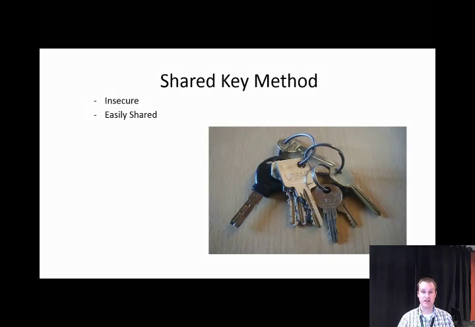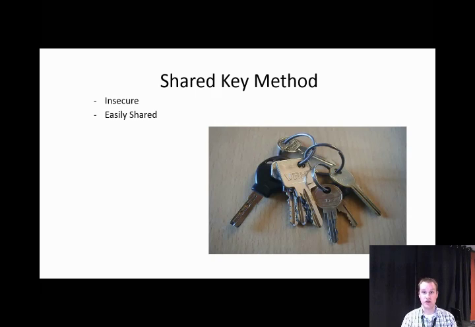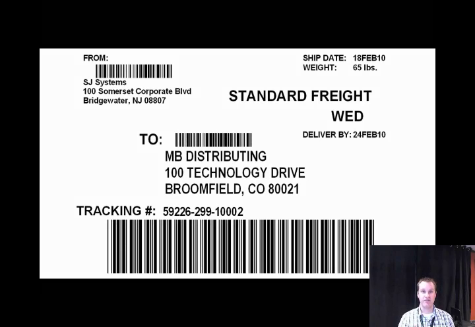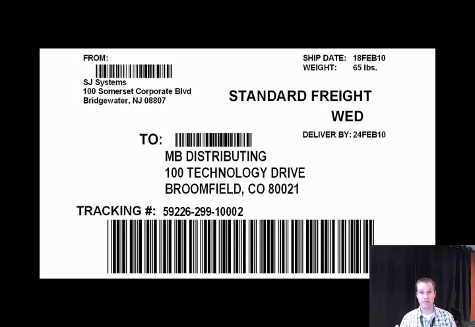It's a two-key method. So instead of just having one key that accesses the data, we have two. I know that sounds a little bit confusing, but the best way I've found to describe the public and private key method is magical shipping labels. When I want to send a package to somebody with UPS or Purolator or whoever, I have to create a shipping label that tells the driver where to drop off the package. It also says where it's coming from.